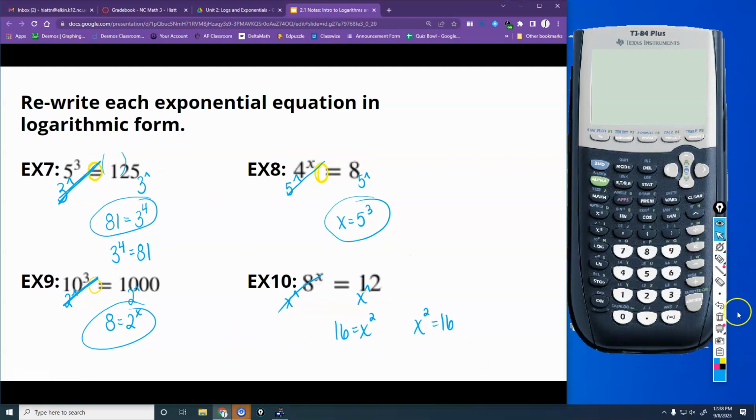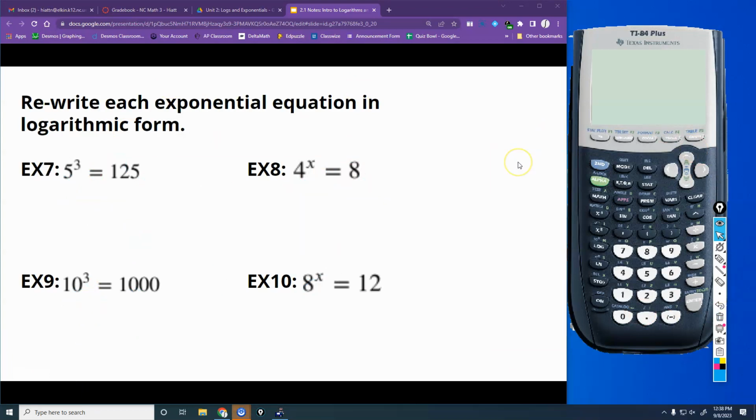Okay, let's look at the other way. Okay, so these are exponentials, and we are rewriting them with logs. So just like with our exponentials, we need to look for the base. For an exponential, your base is the number that's being raised to that power. Okay, so like for example 7, the base is 5.